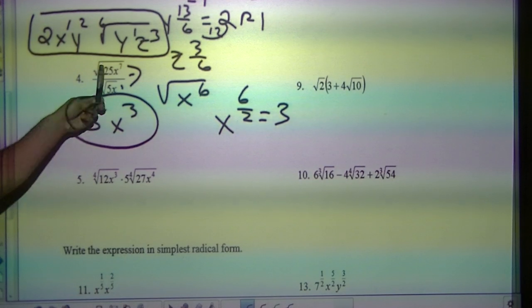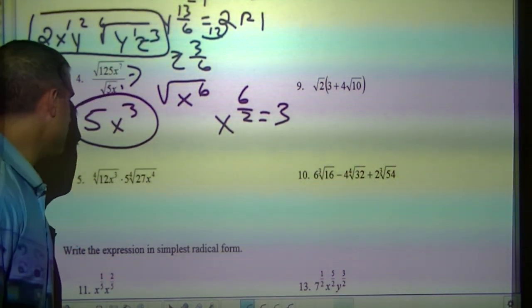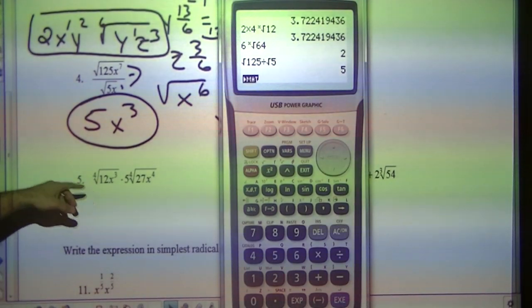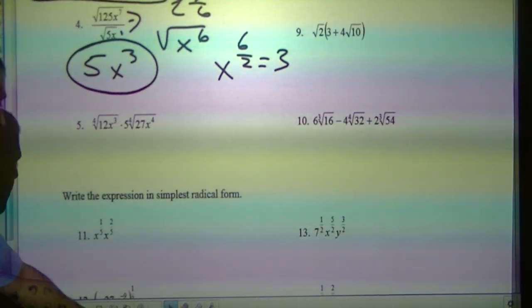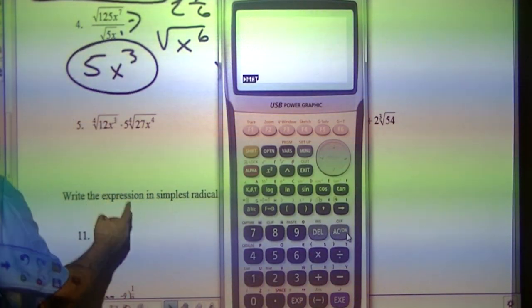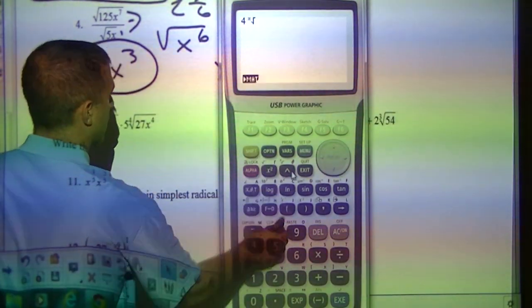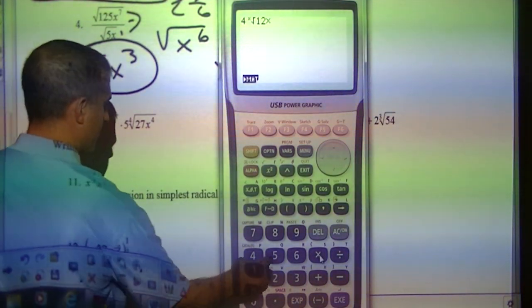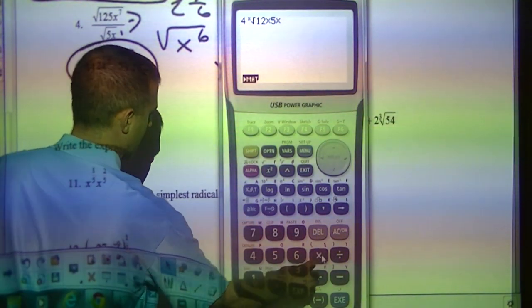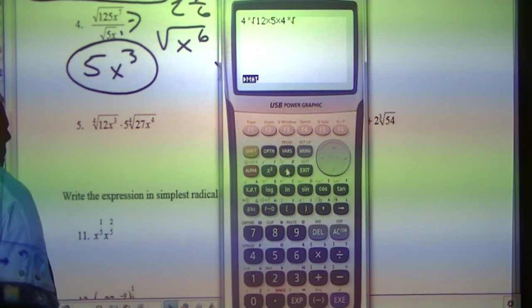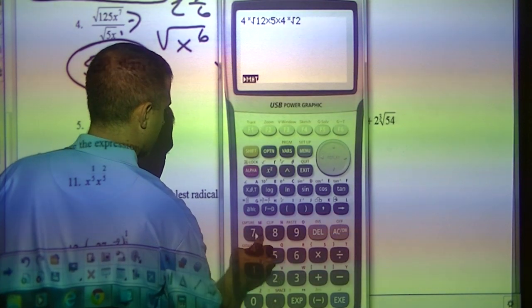Always check those numbers, because you might be able to do stuff a lot more quickly. Moving on here to number 5. I'm going to deal with the numbers first. So 4th root of 12 times 5 times 4th root of 27.